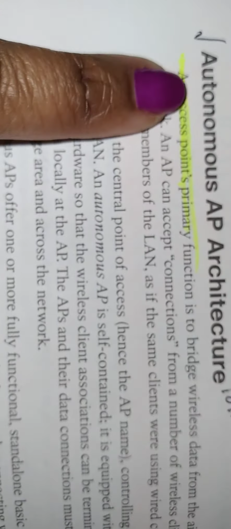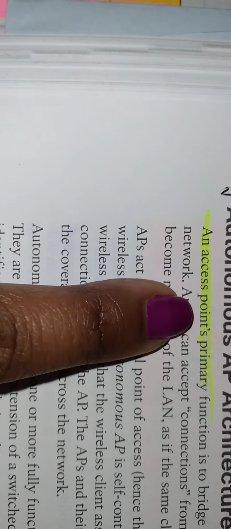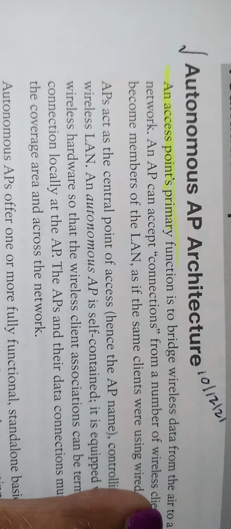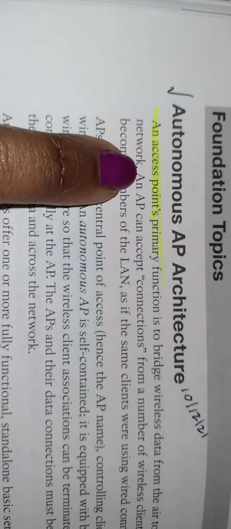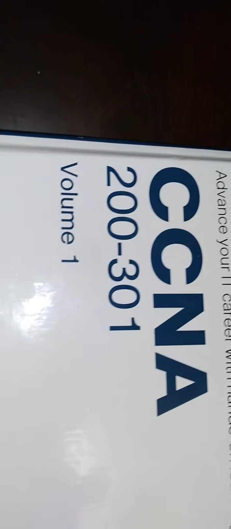But this is what I would like to read today: the autonomous AP architecture, whose primary function is to bridge wireless data from the air to a normal wired network. That's what we'll be going over. This is analyzing Cisco wireless architectures, chapter 27, in the CCNA book, volume 1.